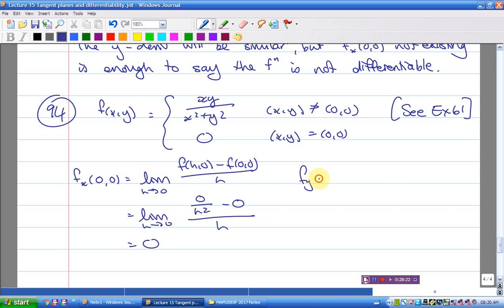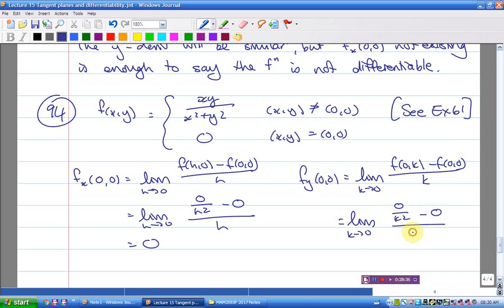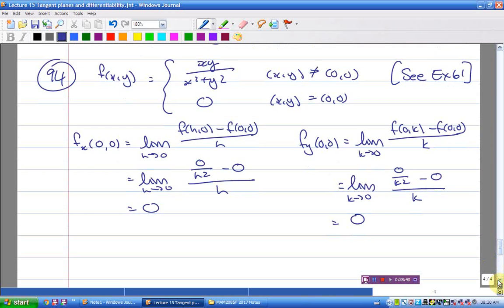The y derivative at 0, 0 is the limit as k tends to 0 of f of 0, k minus f of 0, 0 over k. That will be 0 over k squared minus 0 over k, also 0. And we say, yay, my partial derivatives exist, lovely.